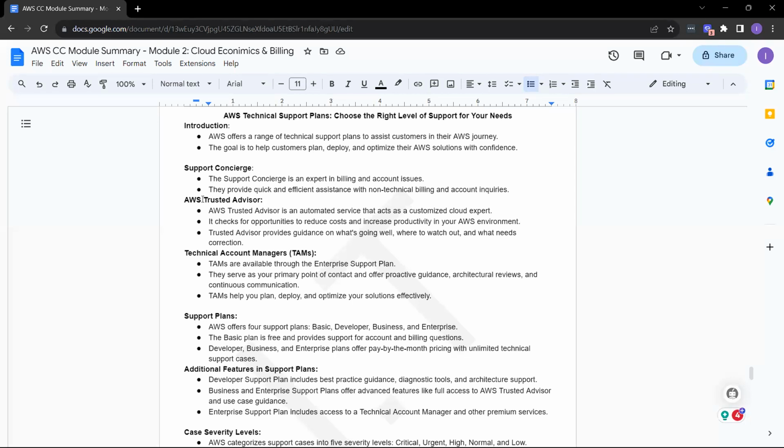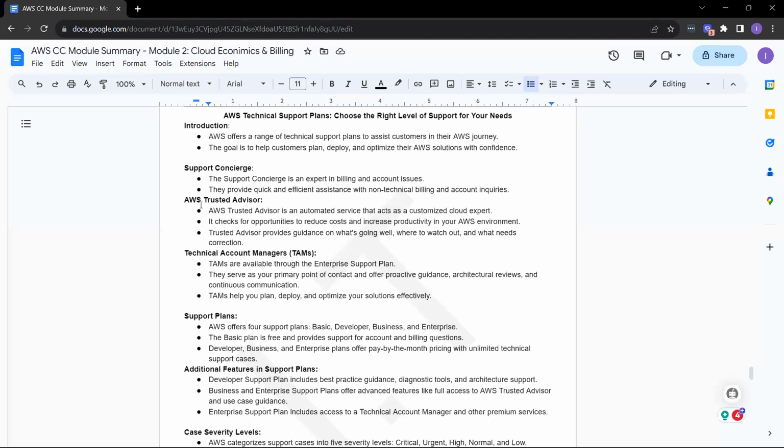And there is the Trusted Advisor. The Trusted Advisor is also available for Enterprise. There is another enterprise support plan called AWS Enterprise On-Ramp, which also has the Trusted Advisor service. The Trusted Advisor is an automated service that acts as a customized cloud expert.